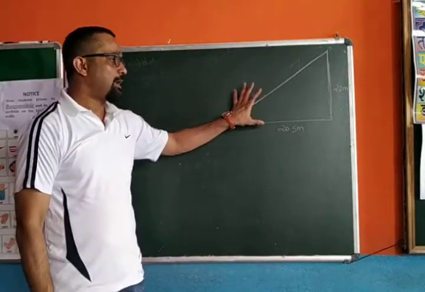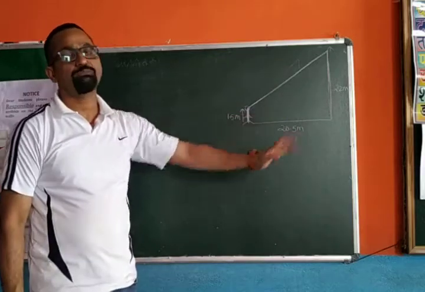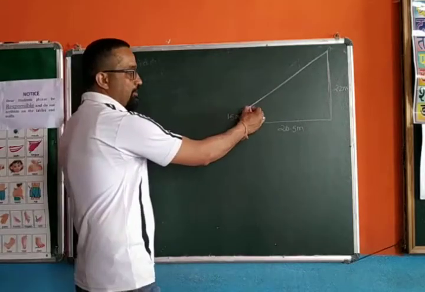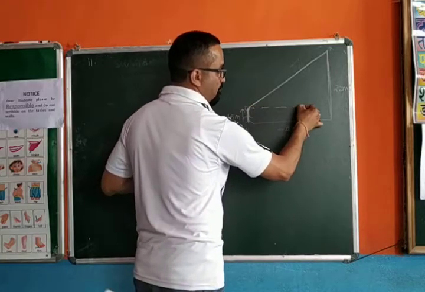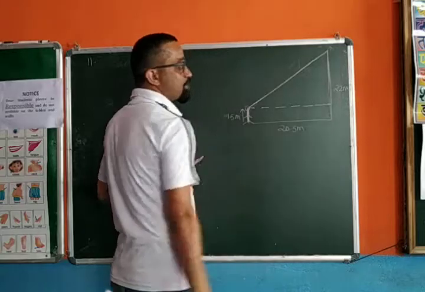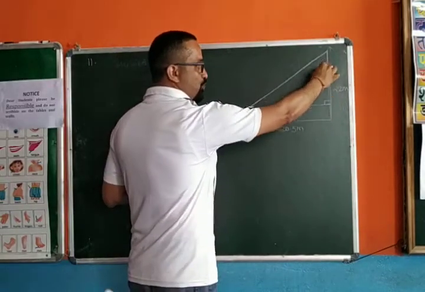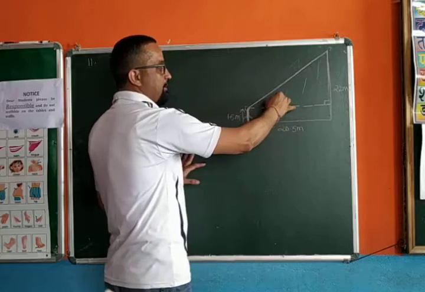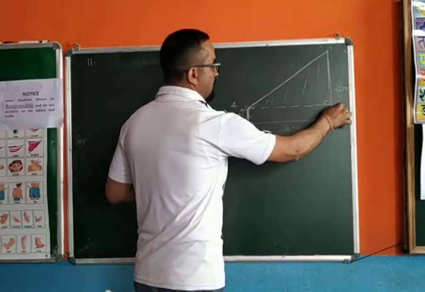If you look at the diagram, you don't have a right angle triangle. It is a trapezium. So from the eye of the observer, we draw a line parallel to the base such that we get a right angle triangle. This portion of the figure is the right angle triangle. We name it as A, B, C.